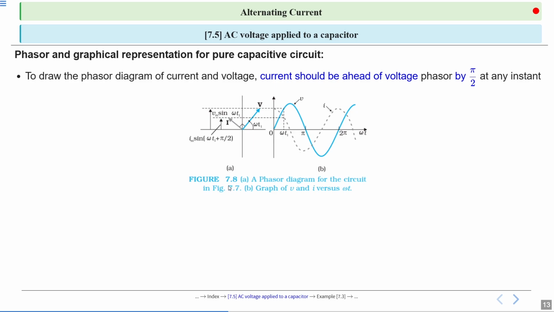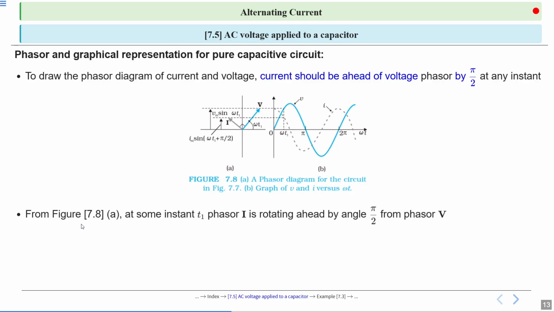Okay. So figure 7.8a is a phasor diagram for the current in figure 7.7b, a graph of V and I versus omega t. From figure 7.8a, at some instant t1, phasor I is rotating ahead by angle pi by 2 from phasor V. Both are rotating, but current I is rotating ahead by pi by 2 angle with respect to the voltage phasor.